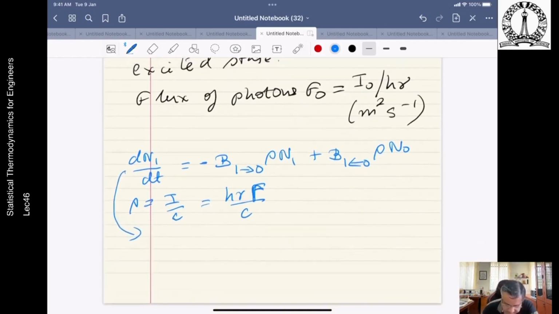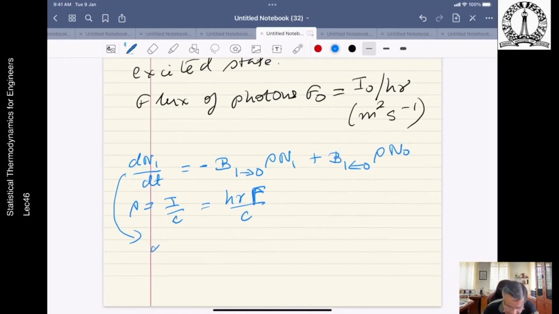Coming from this expression, dN1 by dt is equal to 2 pi squared mu 1,0 squared over 3 epsilon naught h squared, and so on. We will see how to get to this actual expression, which will be part of a tutorial.